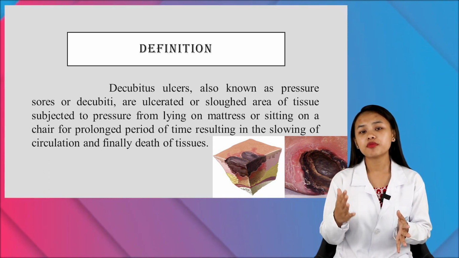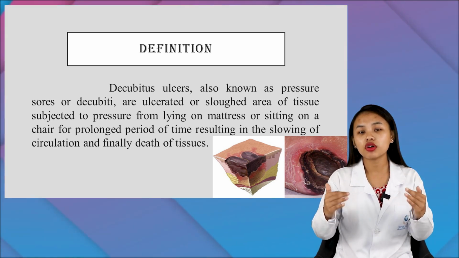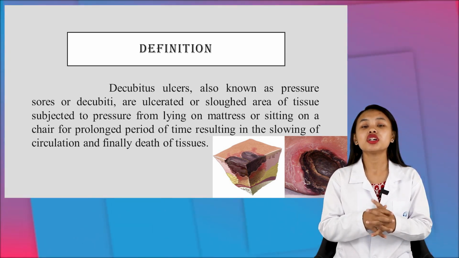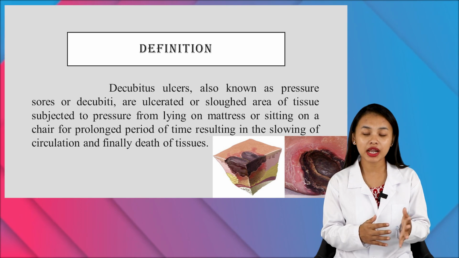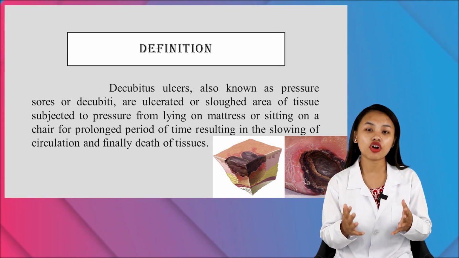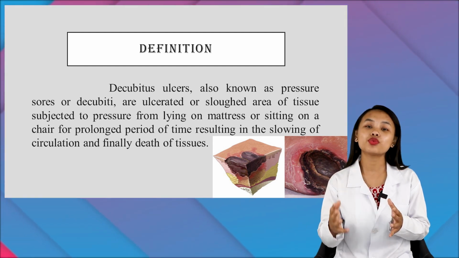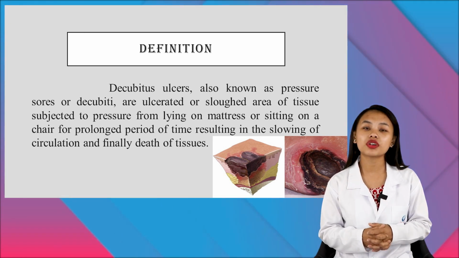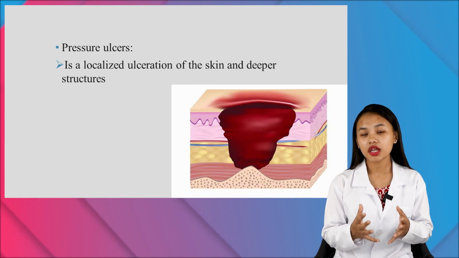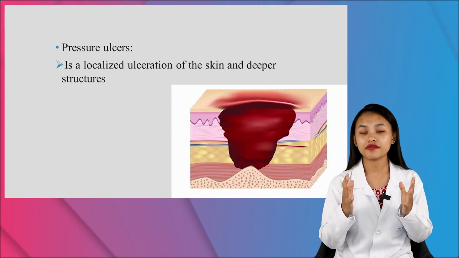If a person is constantly pressurizing his weight on the same points, this would lead to slower circulation of blood and would ultimately end up in the death of tissues. When this death of tissues occurs, this is when the pressure sore or the decubitus ulcer develops.